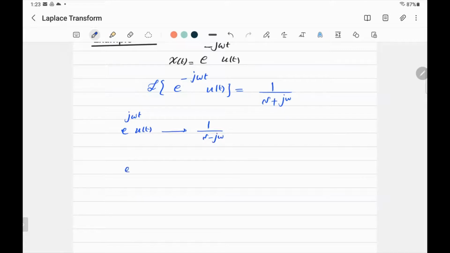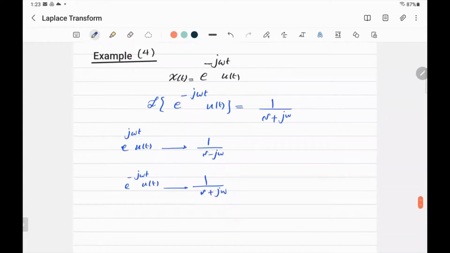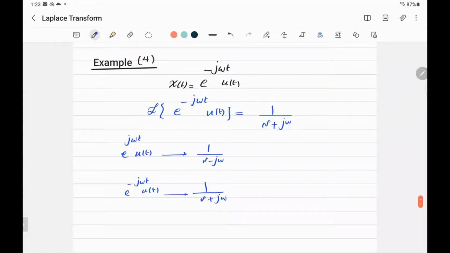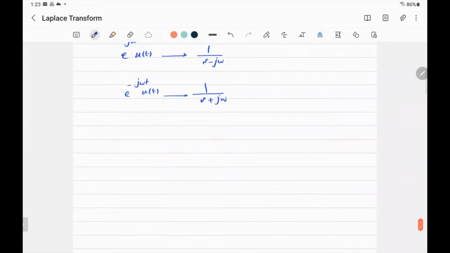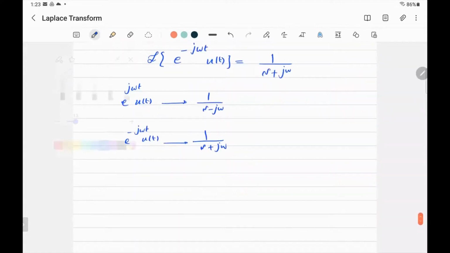If you have e to the minus j omega t u(t), you flip the sign. The sign is always opposite to the power that you have. I was doing this for a reason. It's coming now. Example 5 is the one I wanted to start with, but I did it in steps.